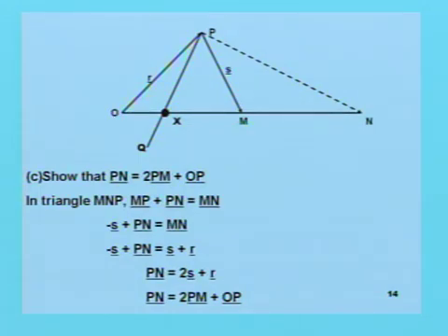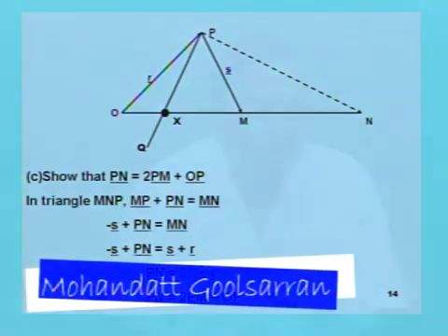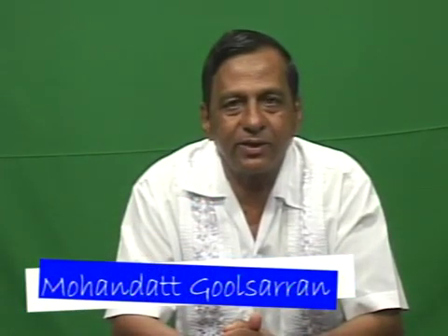Now matching, we find that PN is equal to 2 times vector PM, because PM is s, plus vector OP, which is the same as r, and hence we have proved to the examiner that vector PN is equal to 2 times vector PM plus vector OP. This brings us to the end of today's program, CXC Mathematics in Focus.